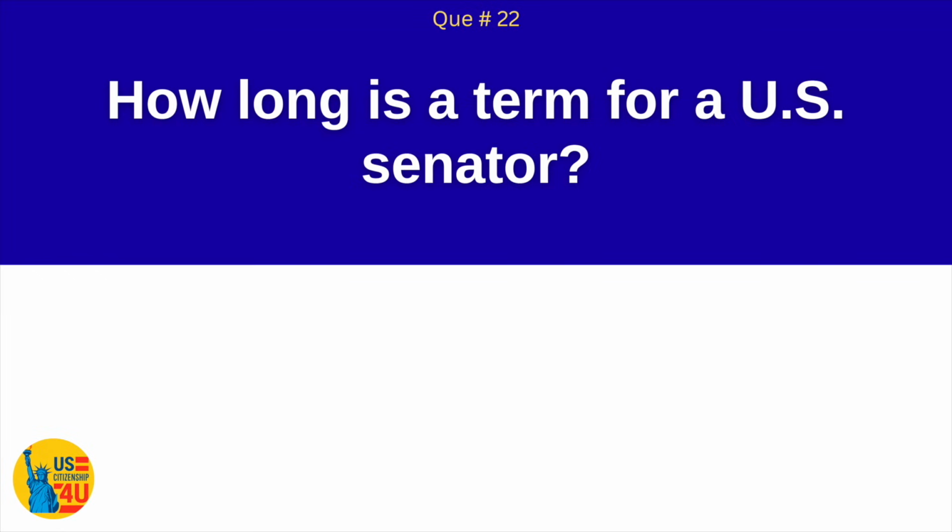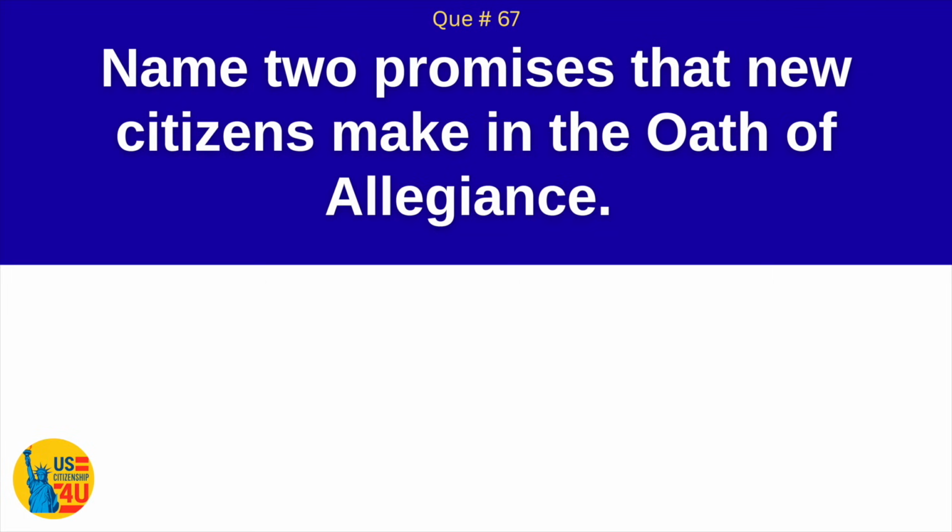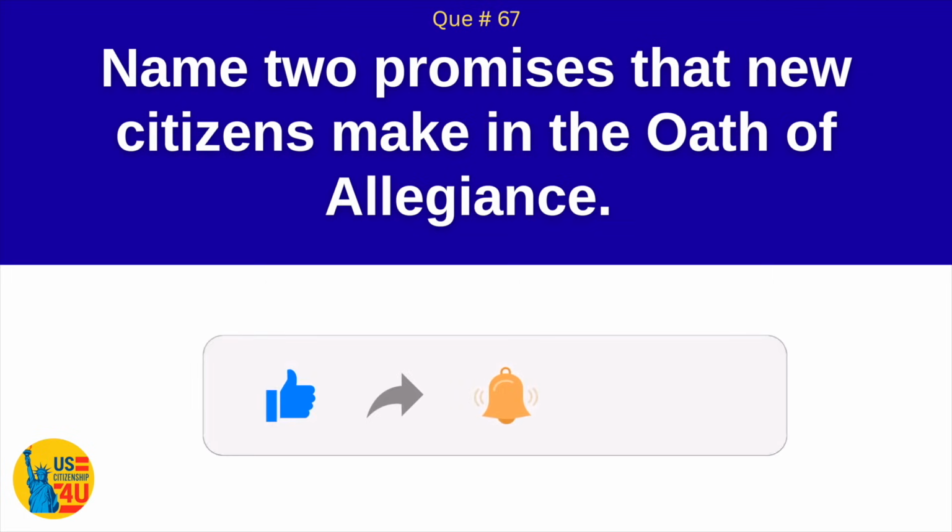How long is a term for a U.S. Senator? Six years. Name two promises that new citizens make in the Oath of Allegiance.